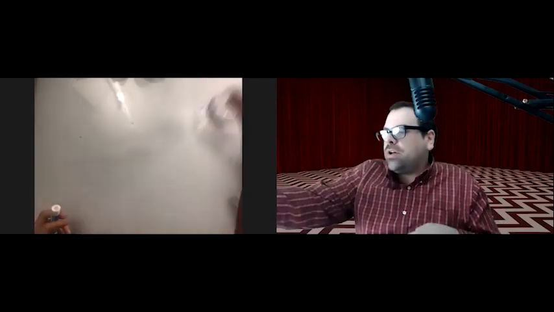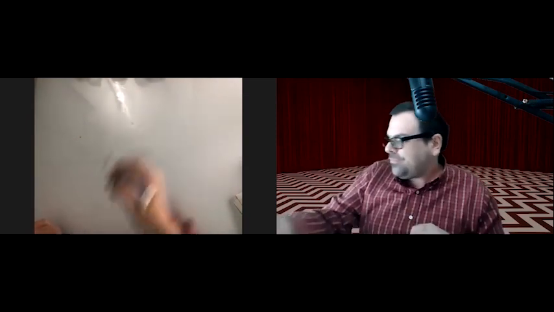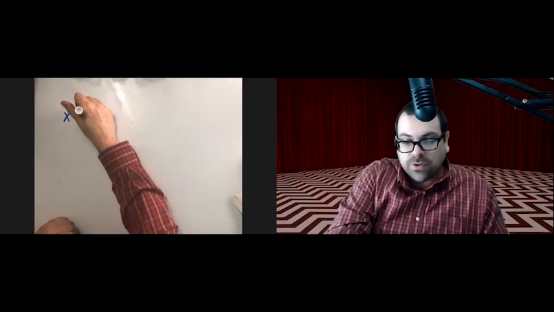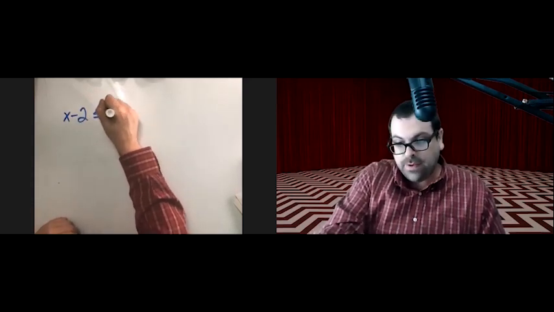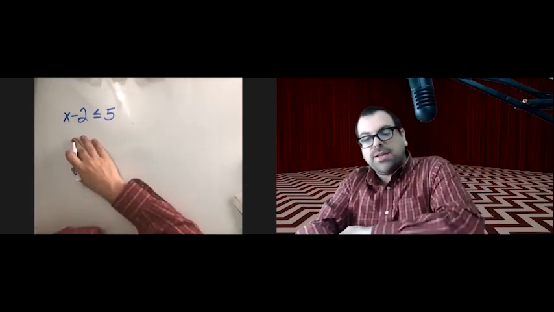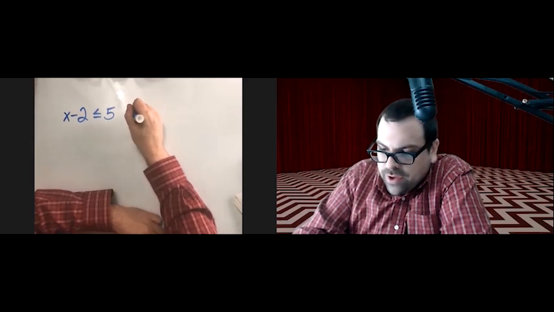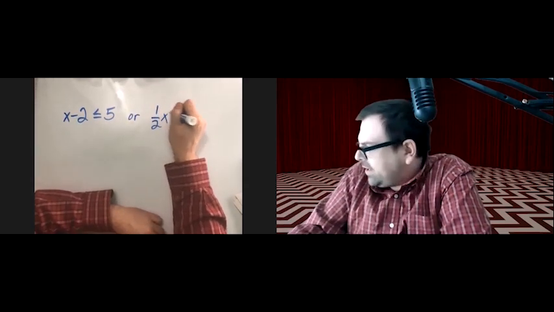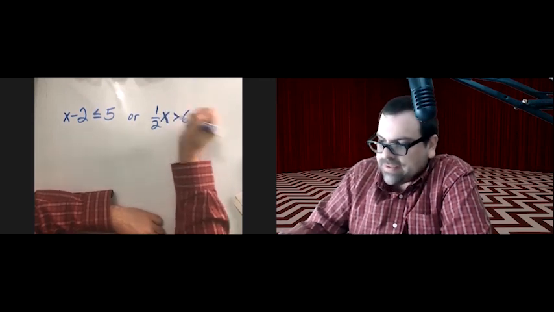Let's go ahead and solve a compound inequality expressed as an or statement. So x minus 2 is less than or equal to 5, or 1/2 x is greater than 6.